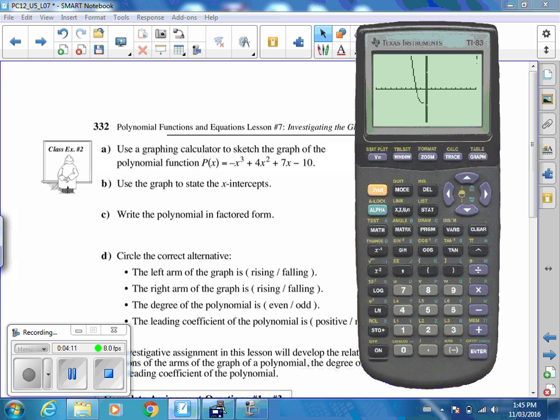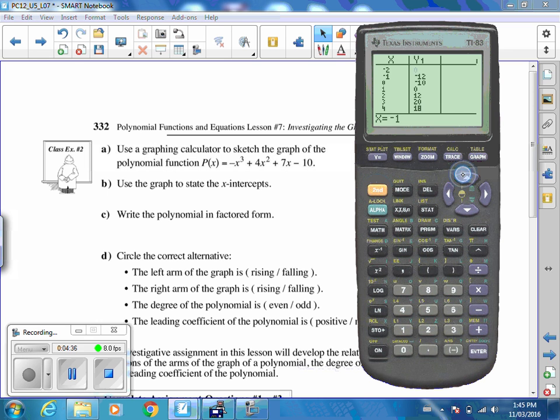Make sure I'm at a good zoom here, but it looks like I kind of am. So it looks like my zeros are at -2, 1, and somewhere past 4. I can also check that on my table. Table settings. Start at 0. There we go. Better table.